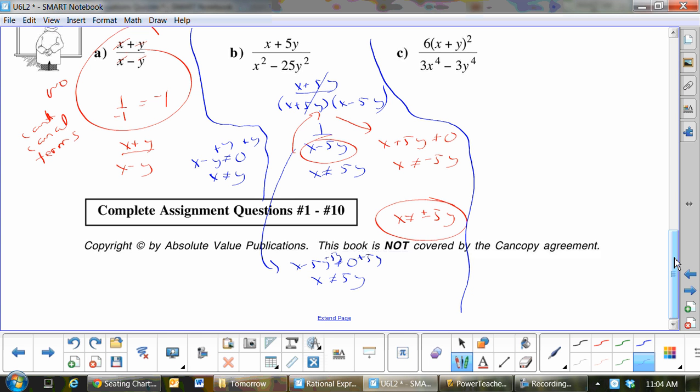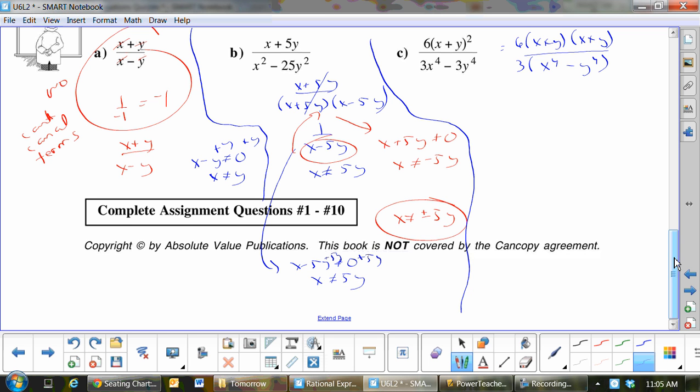Okay, let's talk about the top. I can expand this to be 6 times x plus y times x plus y. Okay? On the bottom, I will take out a 3, which is x to the 4 minus y to the 4.